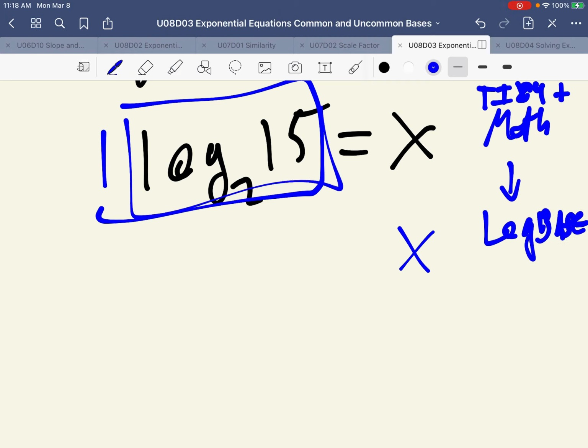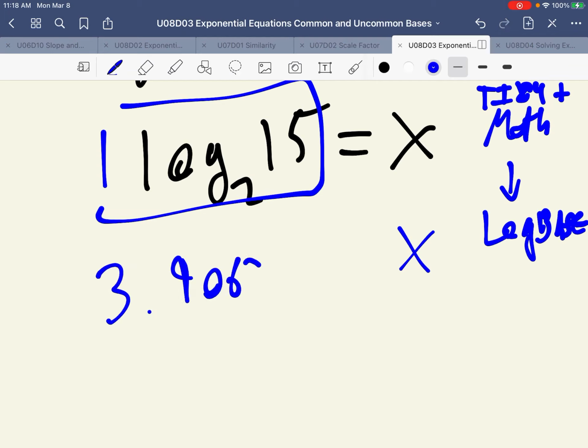And it will allow me to type in this exact expression here. So when I do that, base 2 of 15, I get 3.906890596, and then the calculator runs out of room to provide numbers.